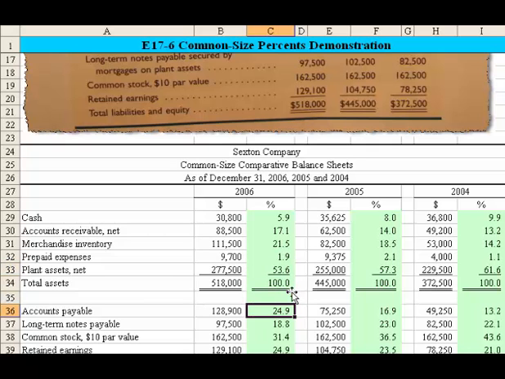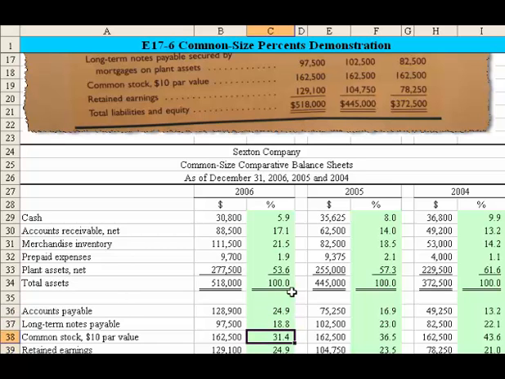Let's look at accounts payable. We moved from 16.9 to 24.9% of total assets. And that just simply may reveal some liquidity constraints. Number 5, common stock.